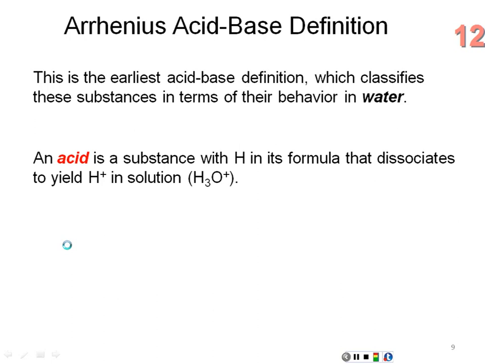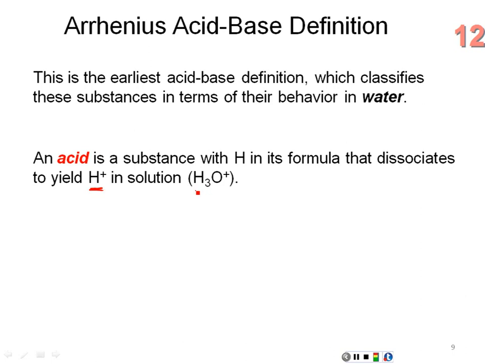So the Arrhenius definition of an acid is any substance with hydrogen in its formula. When it dissociates in water, it yields H+ in solution. And I'm going to point out here that you never find H+ in water by itself.